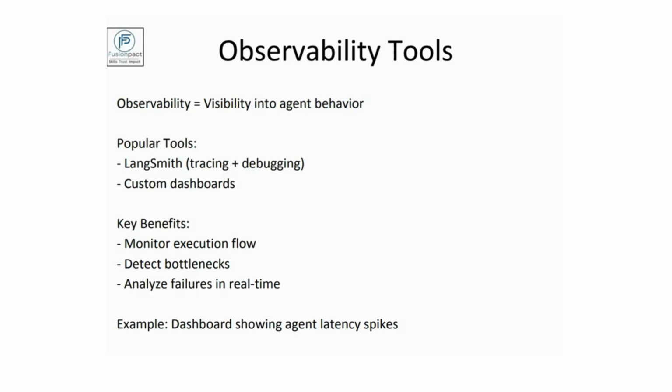There are some key benefits of these observability tools. They can monitor the execution flow, like how something is executed in the code base and in how many files that particular thing is used. They also detect bottlenecks.